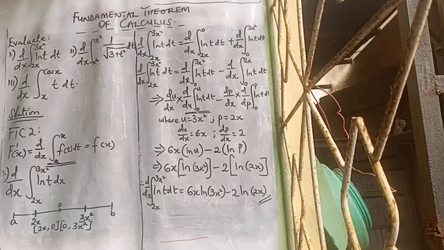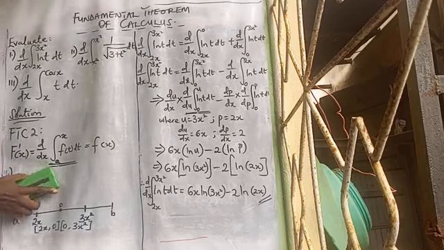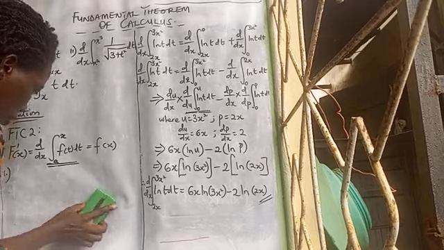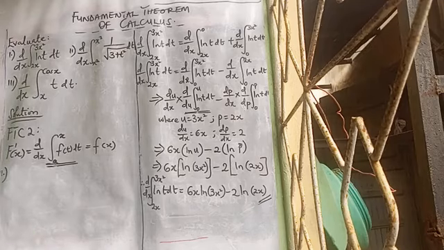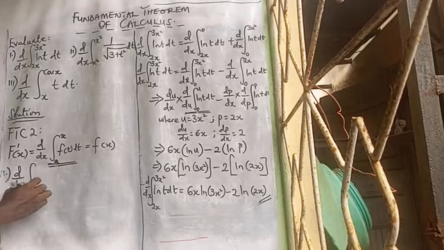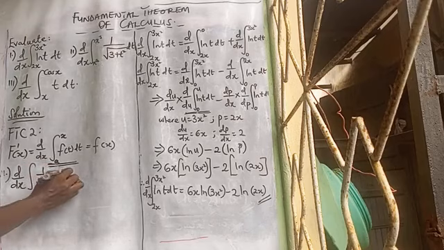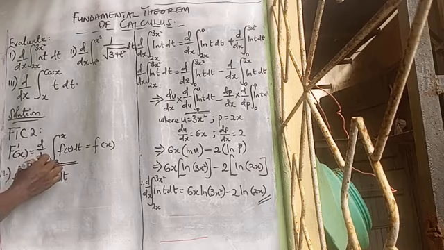Let's go to the second example. Again, in order to solve the second example, we are going to make the same assumption. We are evaluating the derivative of the integral of 1 over square root of 3 plus t squared dt from x squared to x cubed.